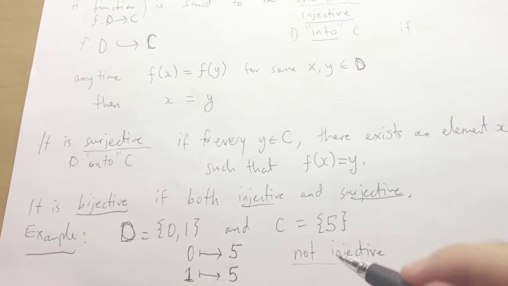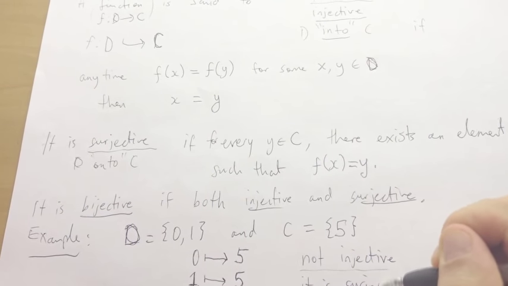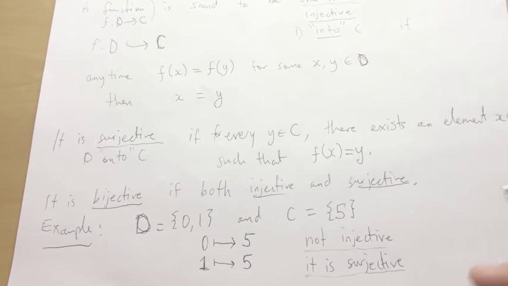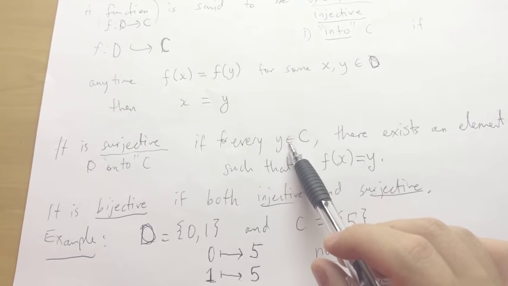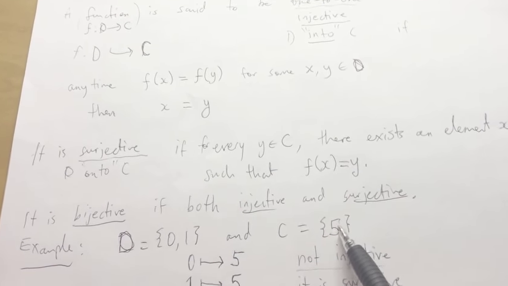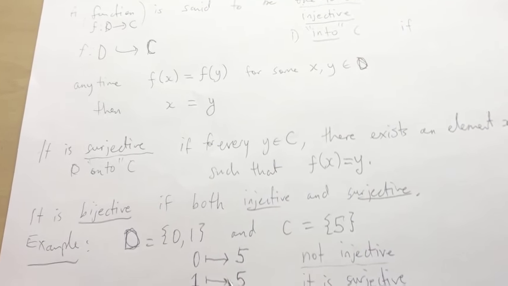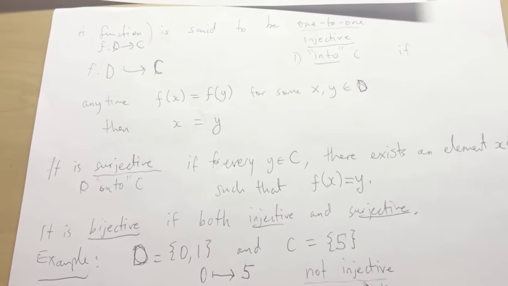But it is surjective because there's only one element in the codomain, and surjective says for every element in the codomain there exists an input that outputs that. So 5 is the only thing, and there's certainly inputs that output 5. So it's surjective, but it's not injective, and that's an example.